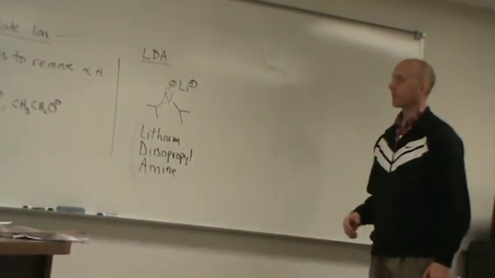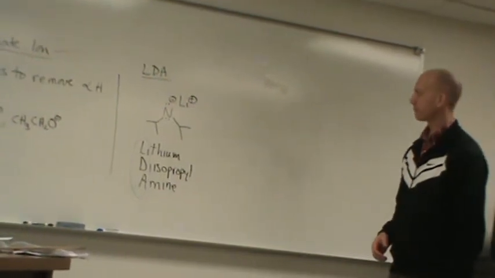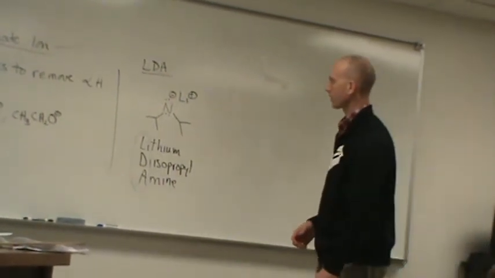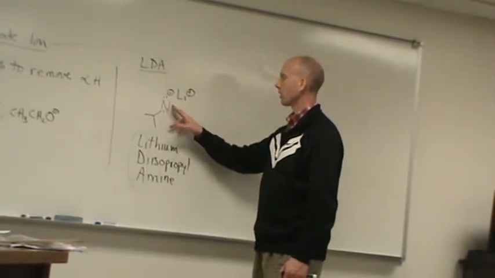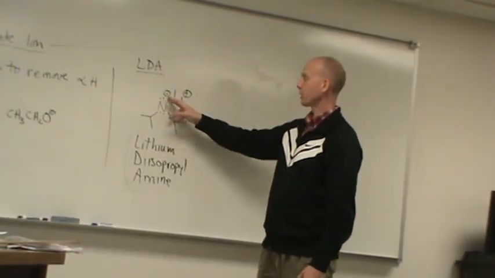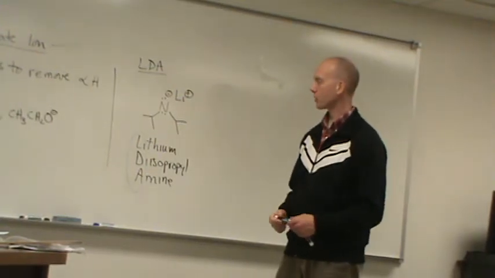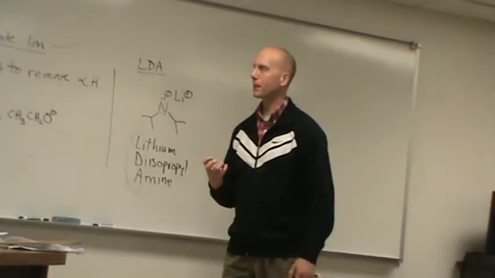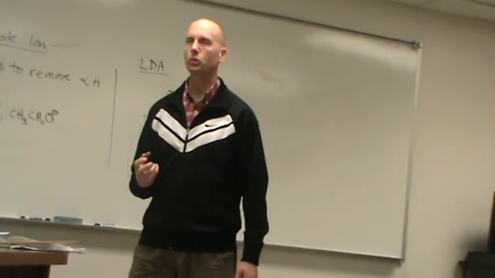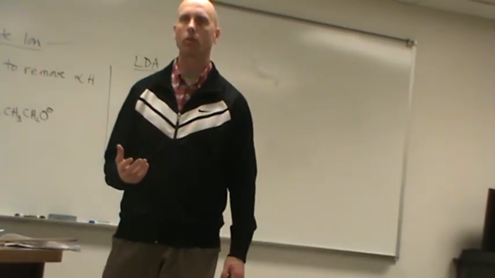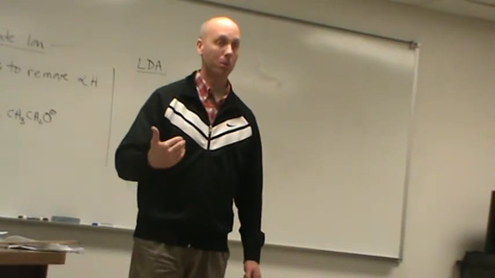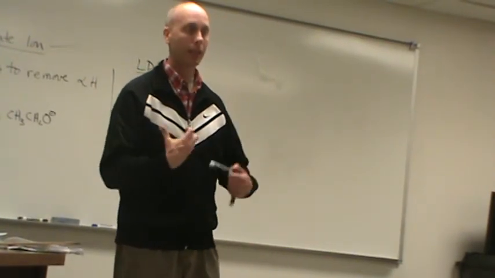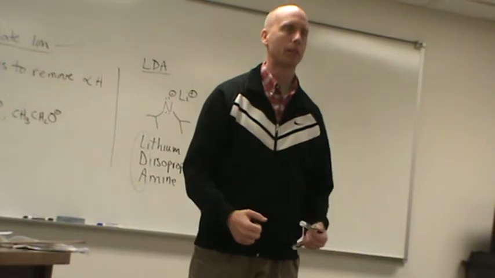So let's talk about its structure a little bit. If you look, you have a lone pair on nitrogen, and it has a negative charge. Remember, amines were decent bases without a negative charge. Remember that? pKb's around 4. When I put a negative charge on the nitrogen, now it really gets to be a violent base.